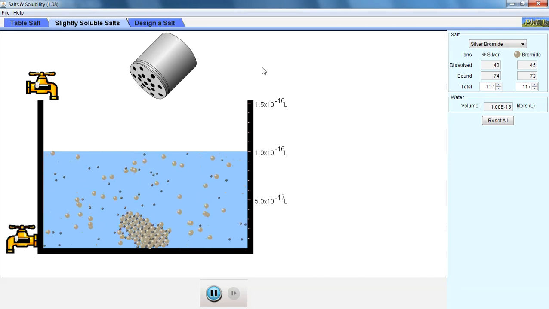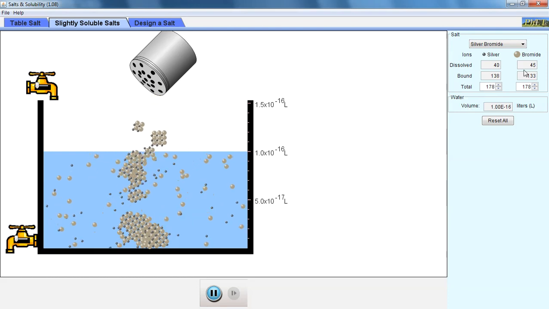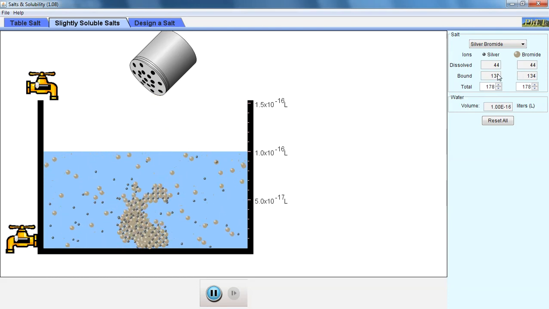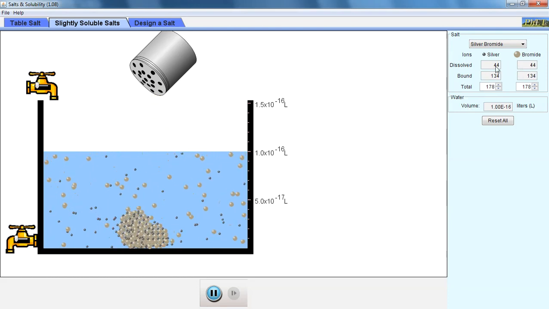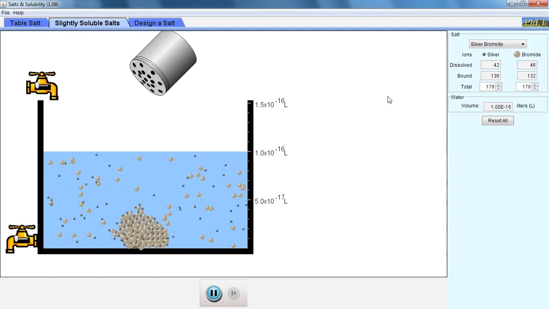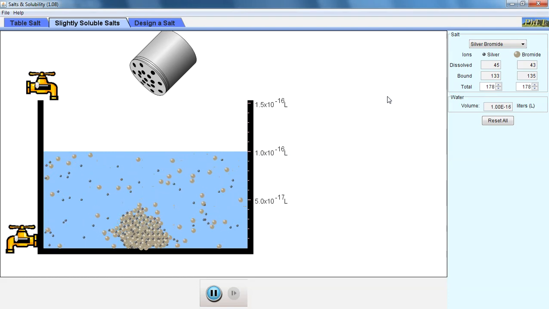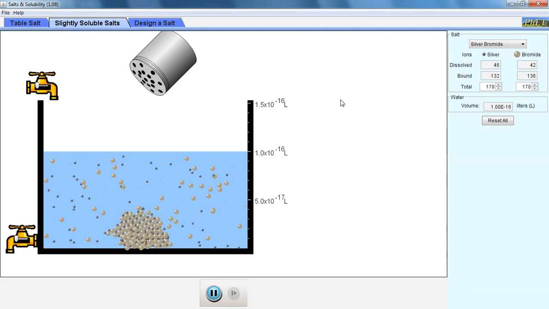The simulation isn't absolutely exact. The more substance you add, the better the correlation. But you can see it's also a 1:1 ratio. So my formula is AgBr. The type would be an AB salt because I've got one A cation to one B anion.